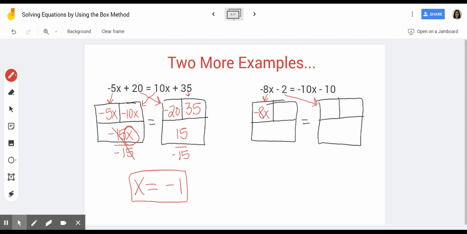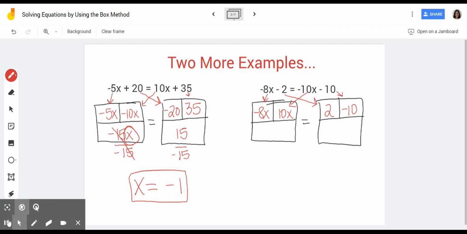It does not have an x. So it's going to cross over, and when it crosses over, it's going to become a positive 2. Negative 10x has a variable, so that's going to go over here on the left, and because it crosses over, it's going to become a positive 10x. And then negative 10 is a constant, so I'm just going to bring that down.